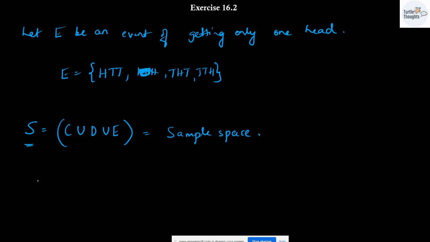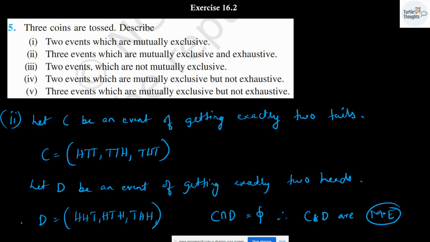C, D, and E are mutually exhaustive events. Similarly, you can find out two events which are not mutually exclusive, two events which are mutually exclusive but not exhaustive, and so on.